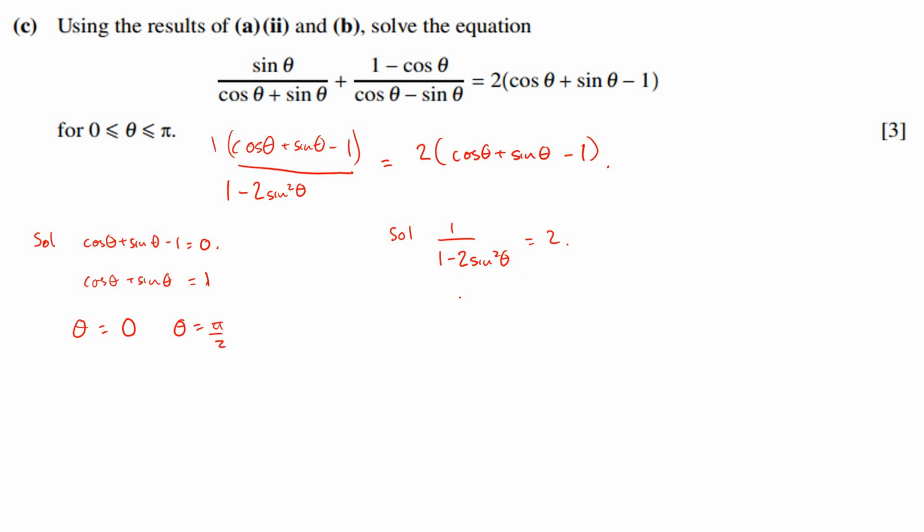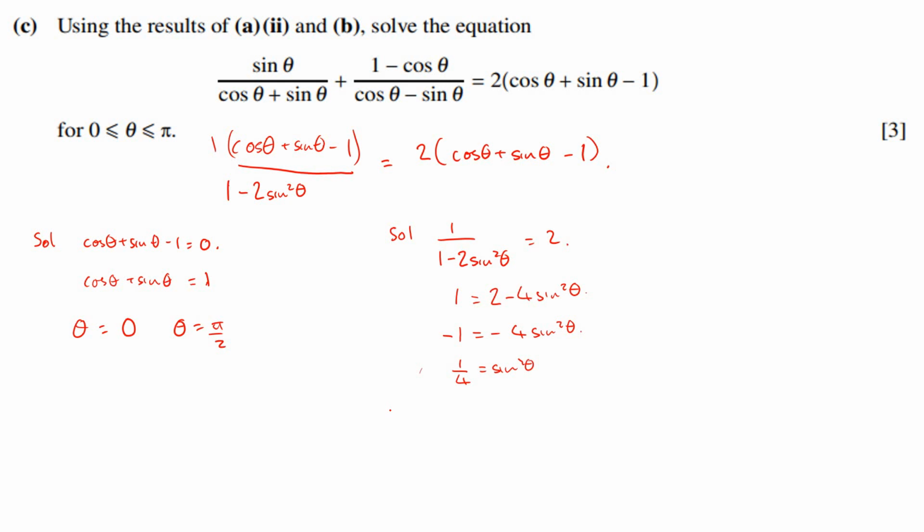Then we have multiplying up. So we'll have 1 equals 2 minus 4 sine squared theta. So multiplying up, subtracting, dividing through by -4.